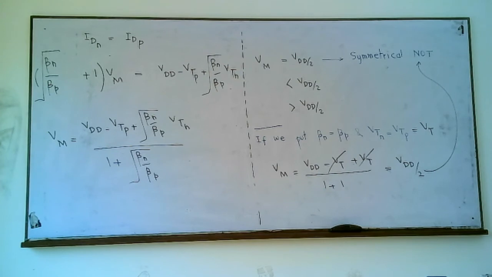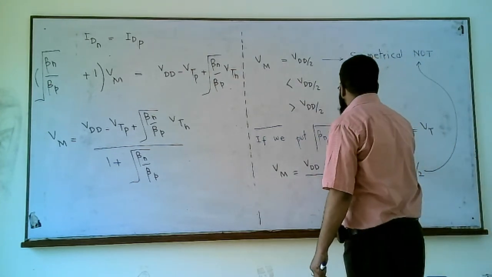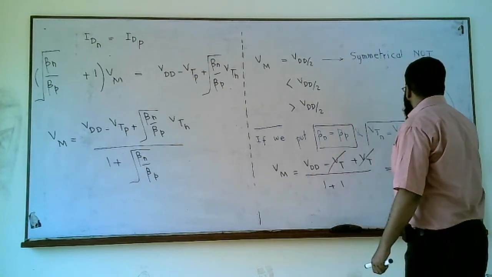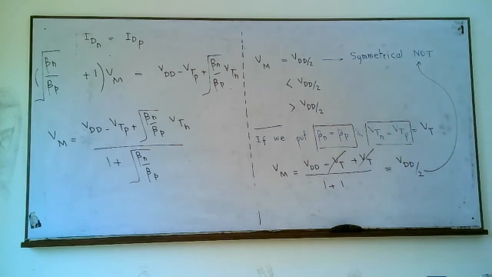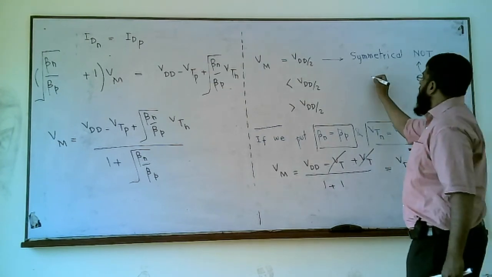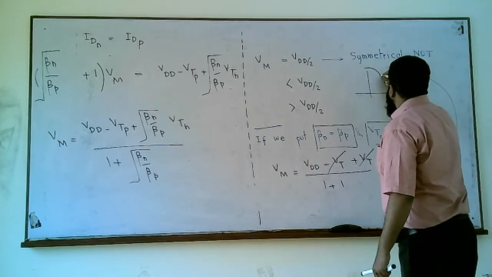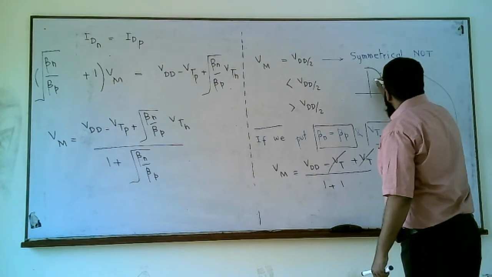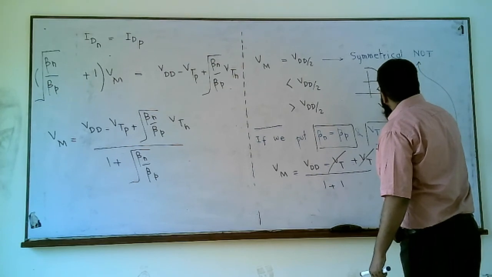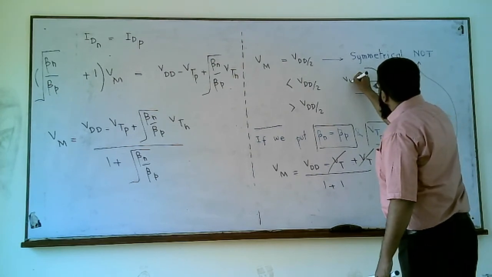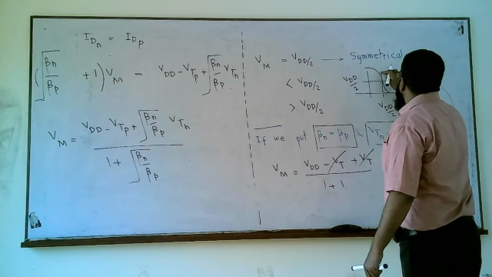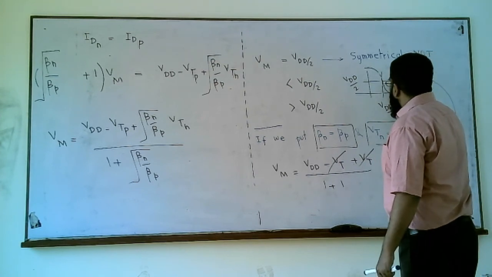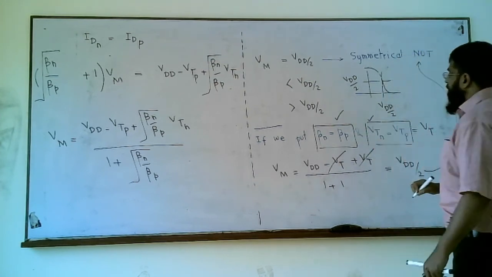So every NOT is not a symmetrical NOT; only if we have these conditions fulfilled, beta n equal to beta p and VTN equal to VTP, can we have this VM exactly in the middle of the characteristics, at VDD by 2.